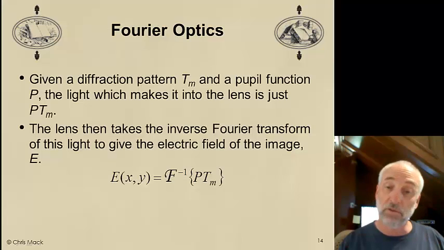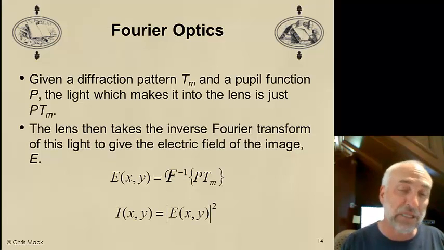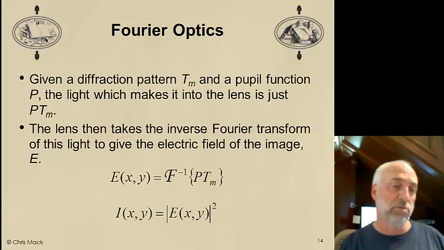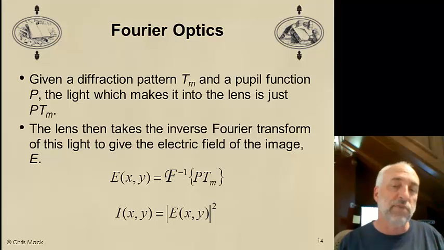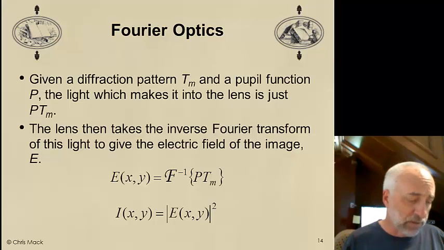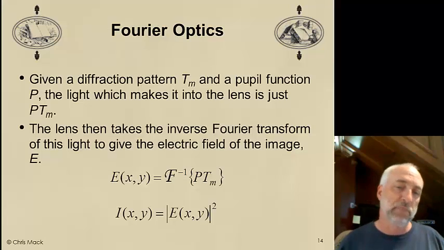That's pretty much all there is to it, except for one little thing. We're more interested in the intensity than the electric field. Our photoresist will react chemically to the intensity of light, and the intensity of light is the magnitude of the electric field squared. Another way of writing that is the electric field multiplied by its complex conjugate.